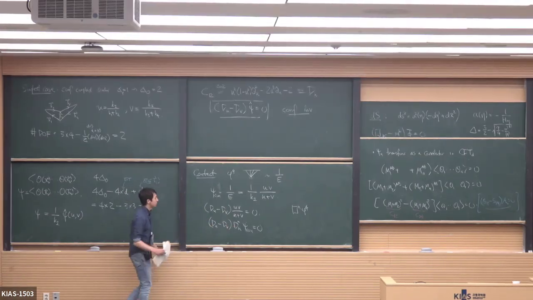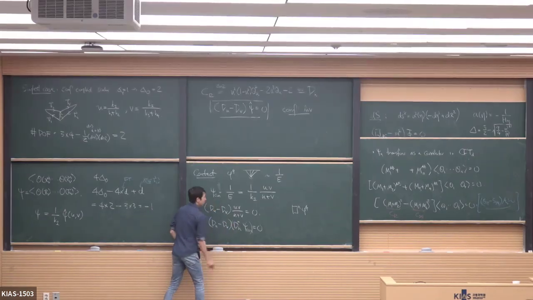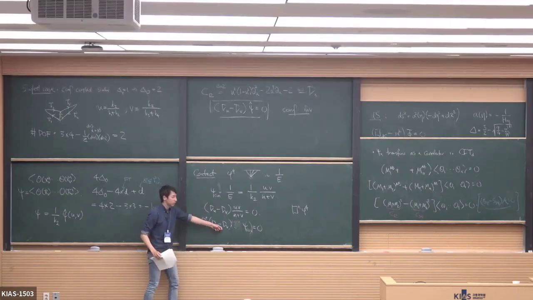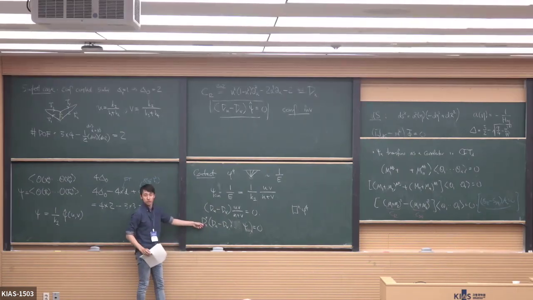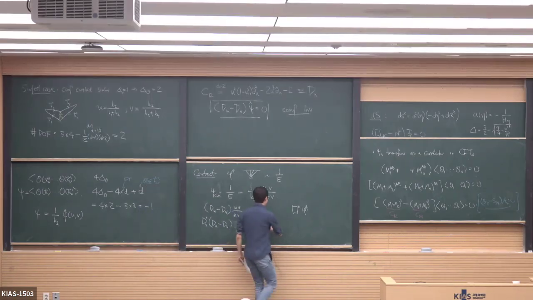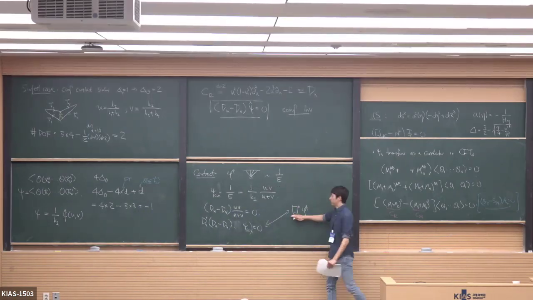So that means this new function we generate by acting multiple times with D_u satisfies this conformal invariance equation, because we can simply pull this D_u operator outside, and these are the solutions.